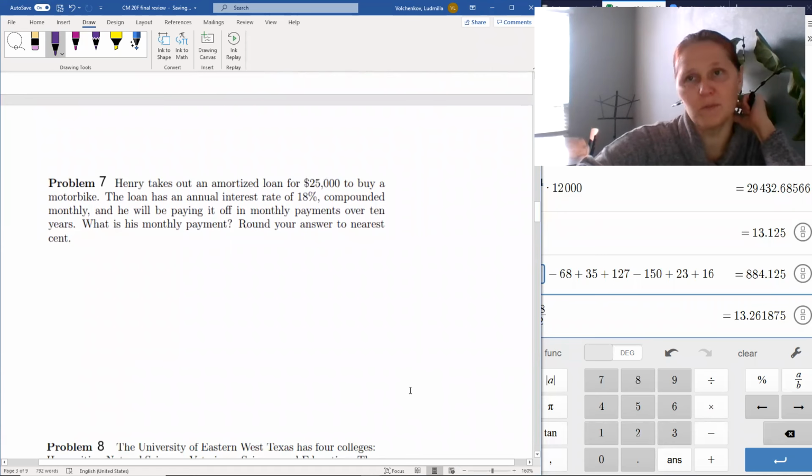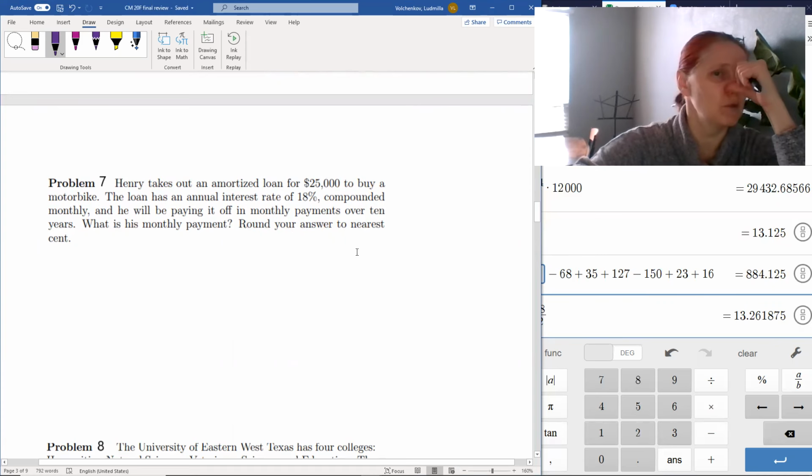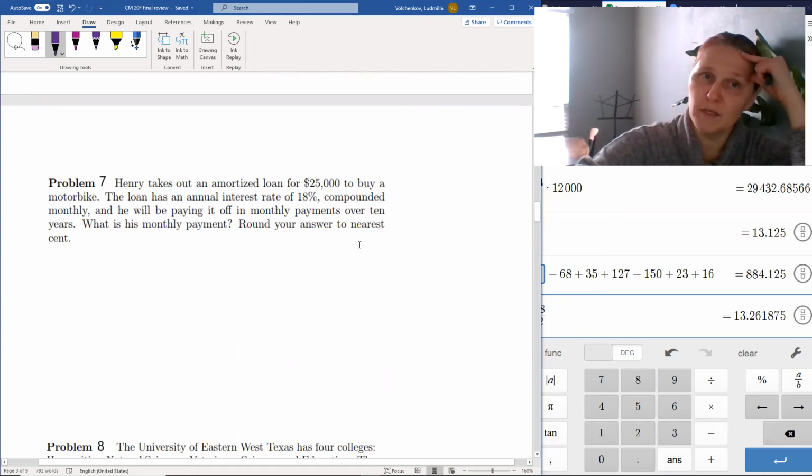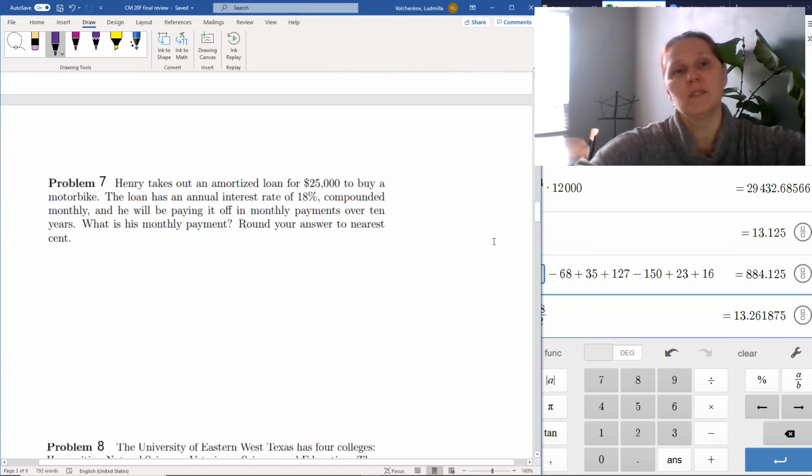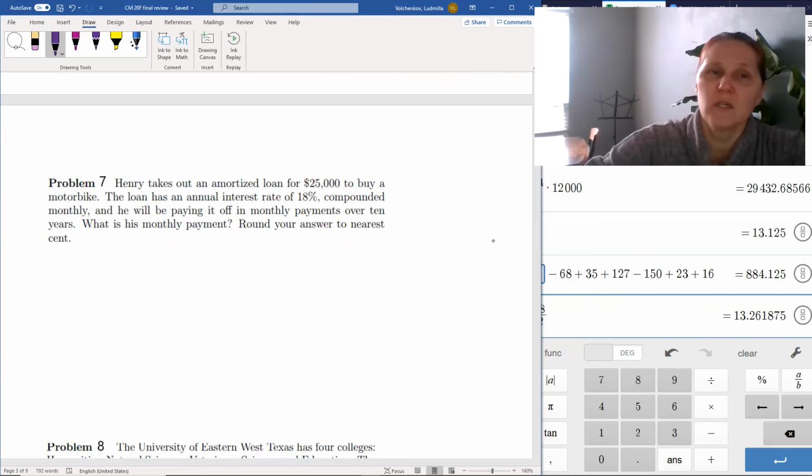And the third problem of chapter 3, financial mathematics: Henry takes out an amortized loan for $25,000 to buy a motorbike. The loan has an annual interest rate of 18% compounded monthly, and he will be paying it off in monthly payments over 10 years. What is his monthly payment? The amortized loan formula has two parts.